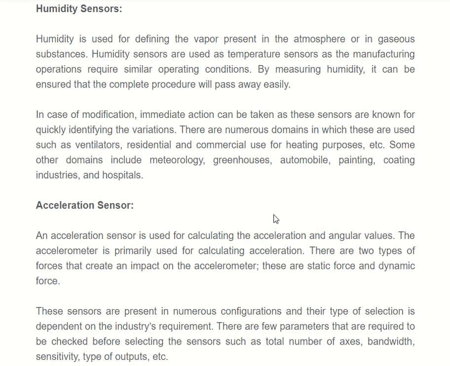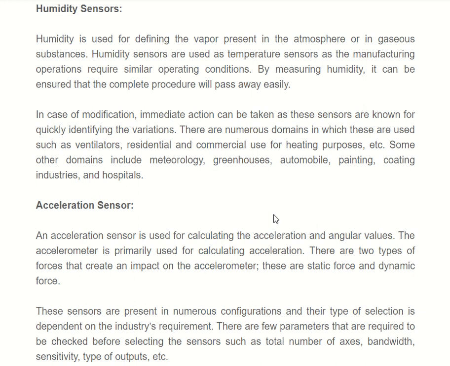So these sensors are present in numerous configurations, and the type selection is dependent on the industry's requirement, right? And not only accelerometers, most sensors' type selection is dependent on the requirement of the industry, because it is heavily dependent on what application that sensor particularly serves. So because of that, it's dependent on the industry's requirement.